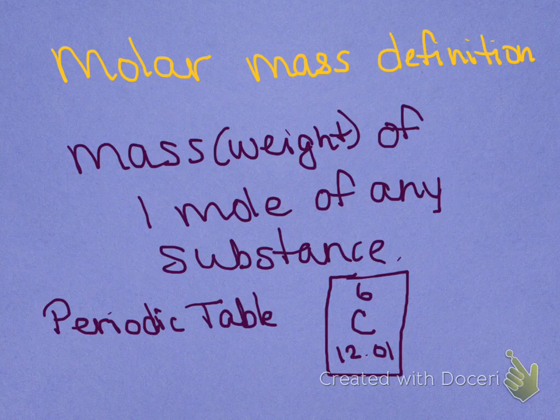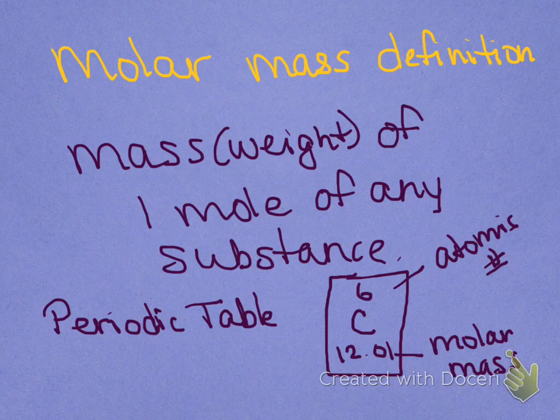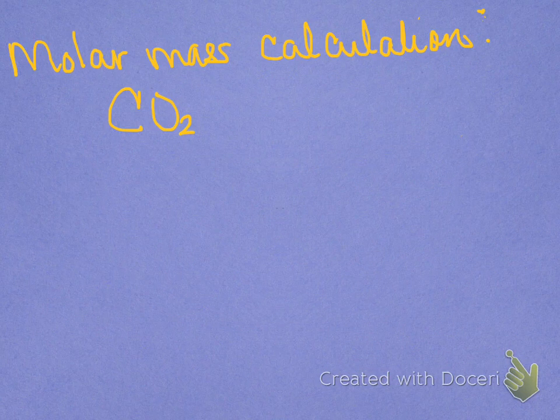For carbon, the 6 is the atomic number, C is the symbol for carbon, and 12.01 is the molar mass of carbon. That means that if I had 1 mole of carbon atoms, 6.02 times 10 to the 23rd carbon atoms, it would have a mass of 12.01 grams.